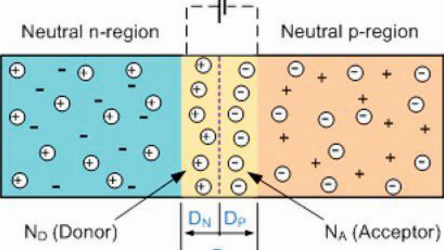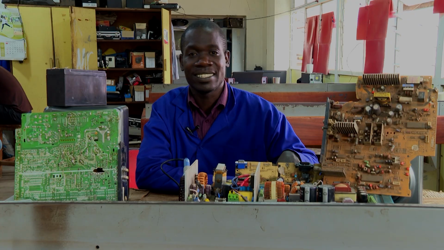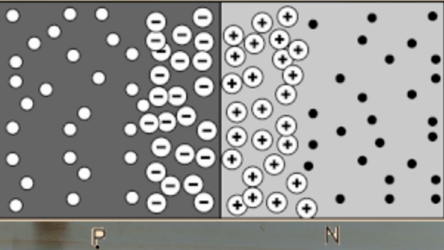There's also another science inside here: when you connect this, a few electrons will flow from the negative side, the n-type, to the holes and cover up some holes on the positive side, the p-type. Then the holes in the p-type go toward the negative side, where the electrons are.